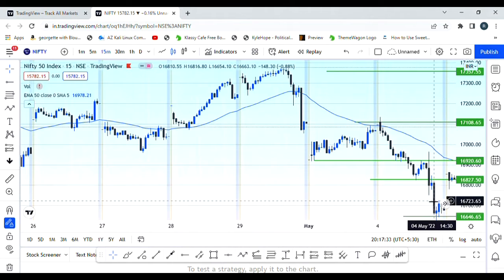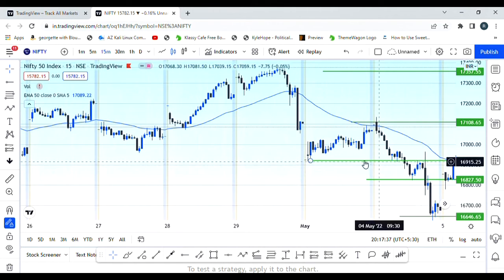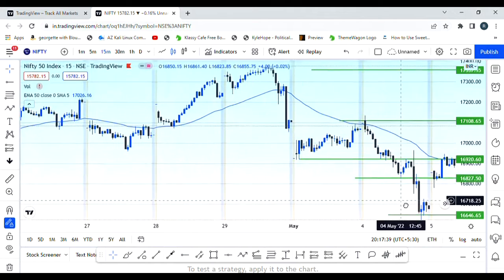Next day the market will open here. The market hit that resistance, it will break.